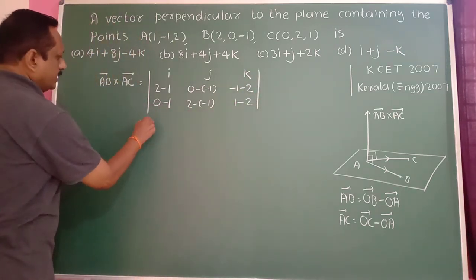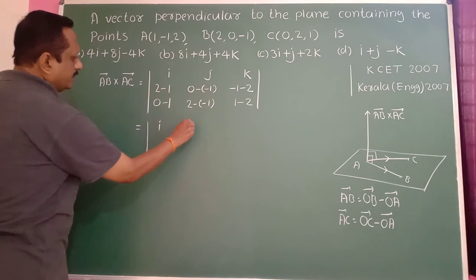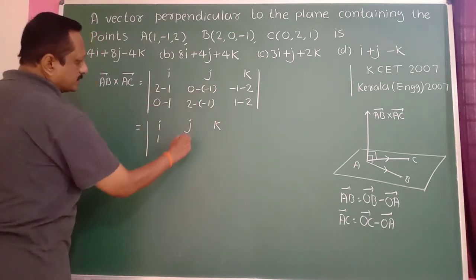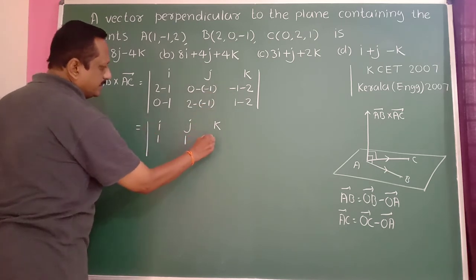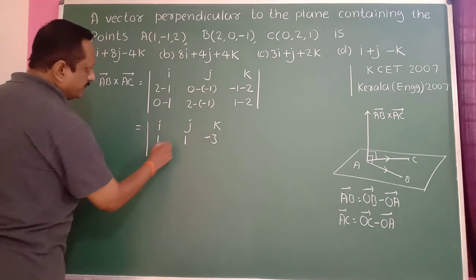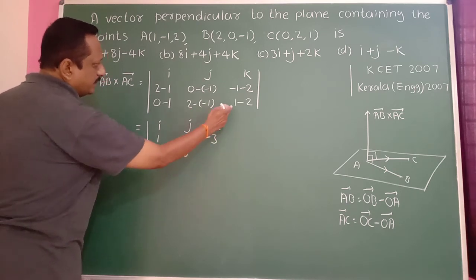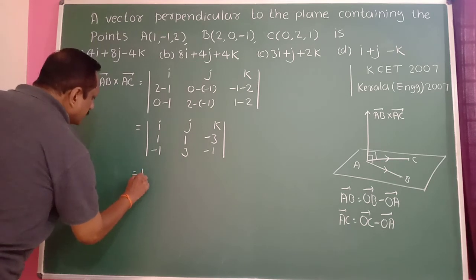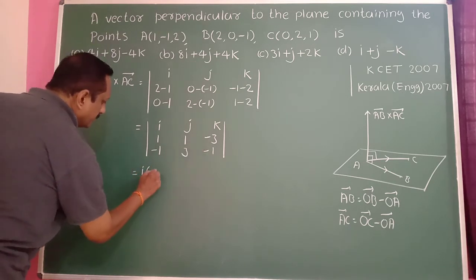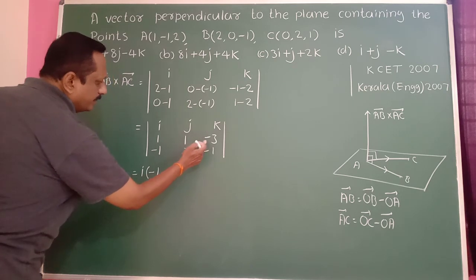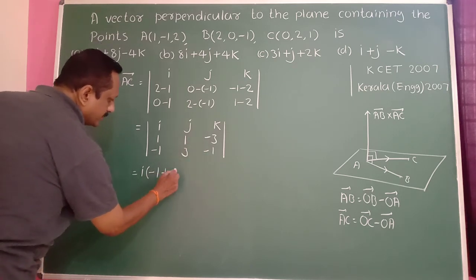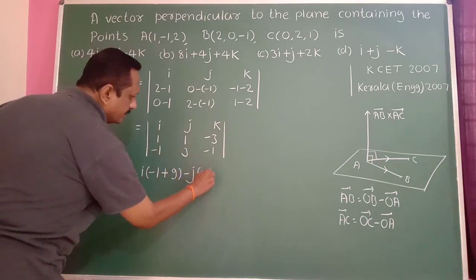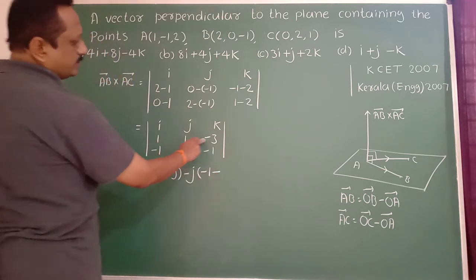Therefore this is equal to the determinant of i, j, k; 2 minus 1 is 1; minus of minus becomes plus 1; minus 3. Then minus 1, 2 plus 1 becomes 3, 1 minus 2 is minus 1. Then expand it: i into 1 into minus 1 minus minus 3 into 3, that is minus 1 plus 9. Minus j into 1 into minus 1 is minus 1, minus minus 1 into minus 3 is plus 3.